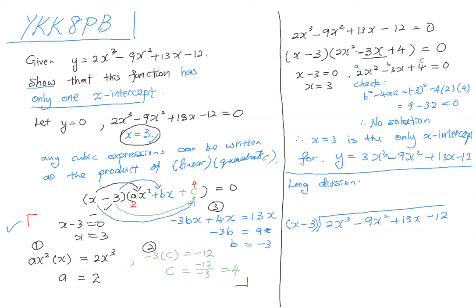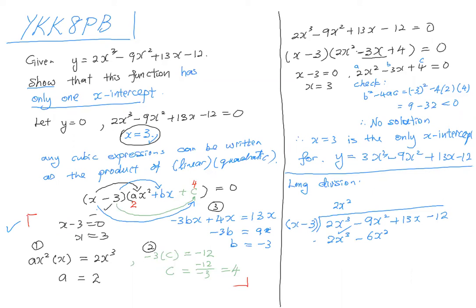So first of all, you have to get rid of the x cubed. So you have to ask yourself, x times what will give you x cubed? So it's 2x squared, correct? So now you multiply 2x squared times x, I got 2x cubed. 2x squared times negative 3, I got negative 6x squared.